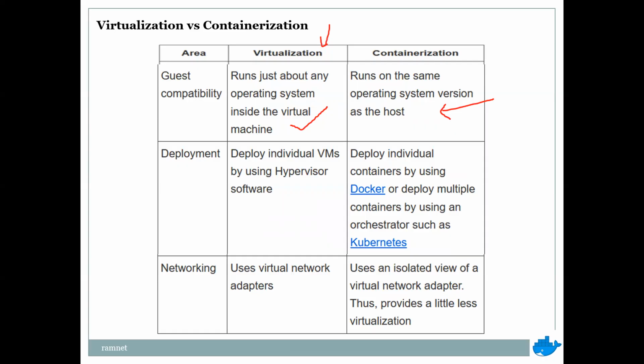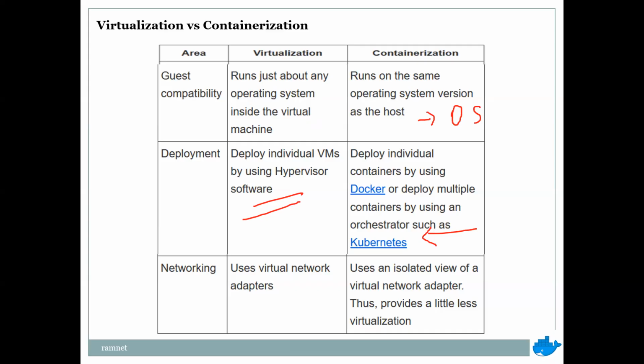It means the applications will be looking for the same operating system, seeing it as the same operating system only, because everyone is sharing the OS level here. There is no different OS installed inside the container. That's why. Then, for deployment: individual VMs are deployed using hypervisor software. Here, individual containers are deployed using Docker, or multiple containers are deployed by using an orchestrator, which is called Kubernetes. Orchestration software, that is Kubernetes.